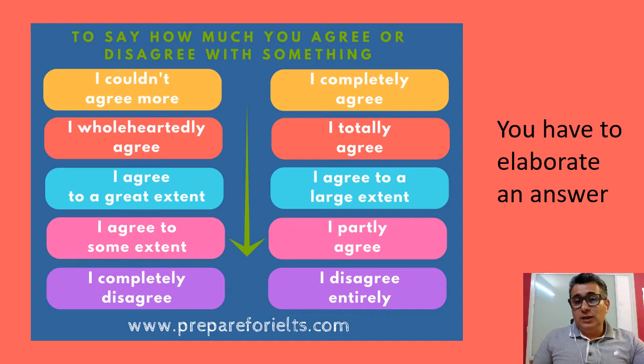If you use this way to show disagreement or agreement, you are obliged to elaborate a much more complete answer for that agreement or disagreement. Instead of that, I'm going to show you how you can express agreement or disagreement using what your interlocutor is saying to you.